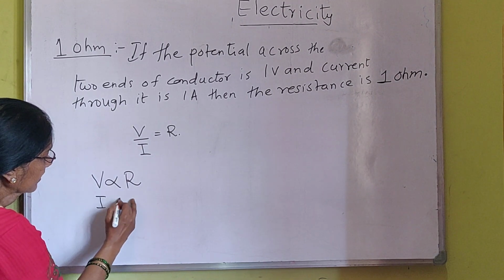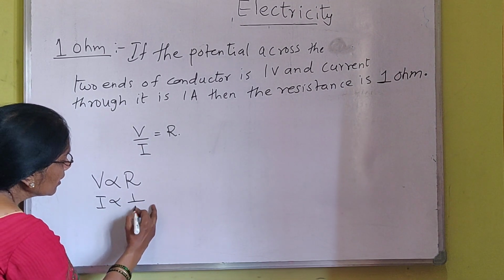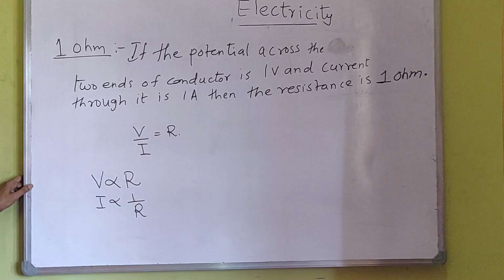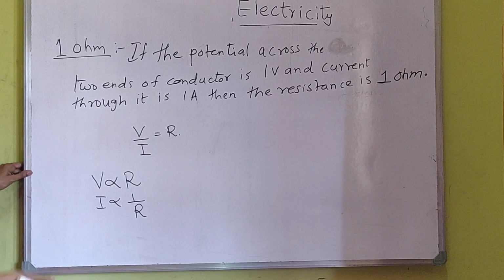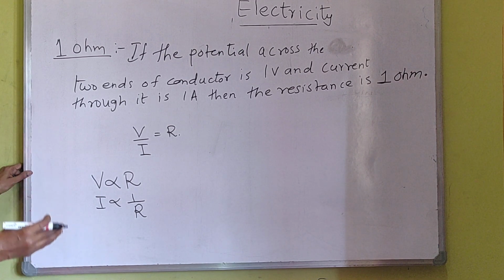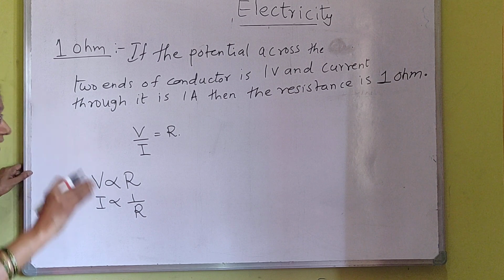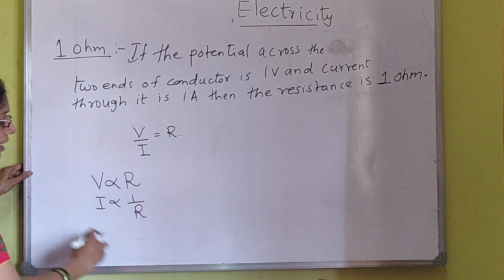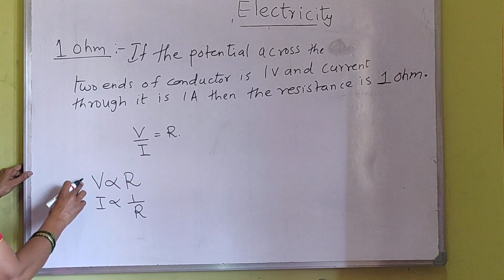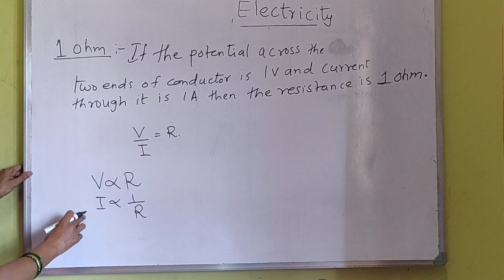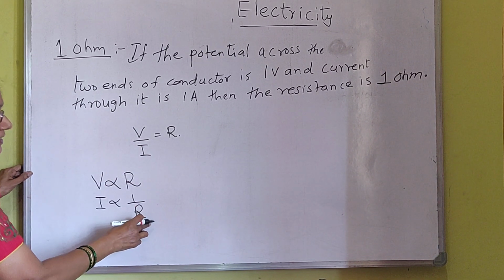Current and resistance are inversely proportional to each other, which means if the current increases, the resistance decreases. If the current decreases, the resistance increases. This is the relationship between potential difference and resistance, current and resistance.